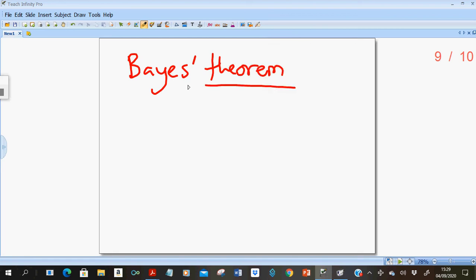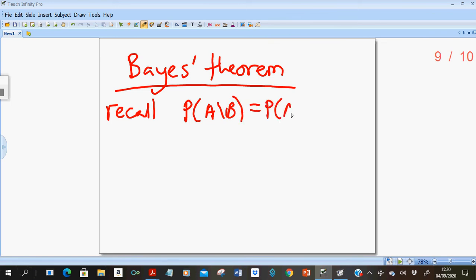Okay, so recall using conditional probability that the probability of A given B is just simply the probability of A intersection B over probability of B. Now we can do cross multiplication here.